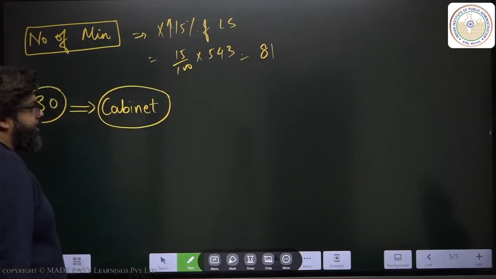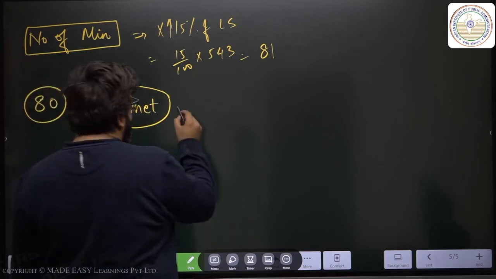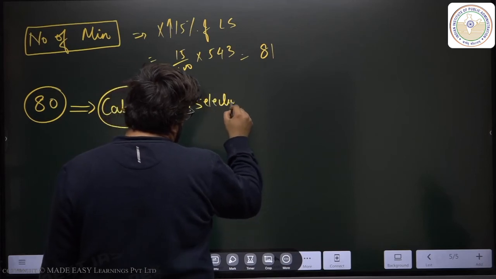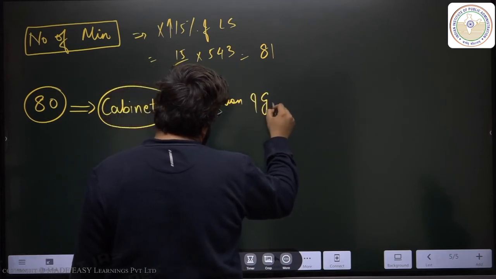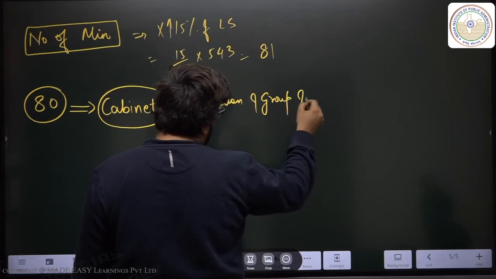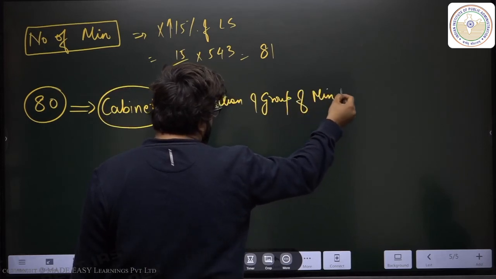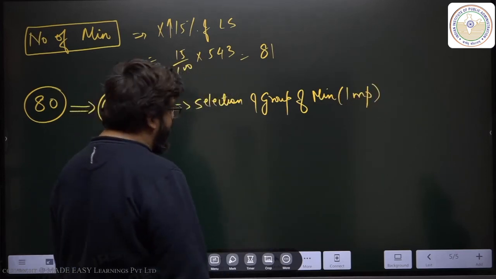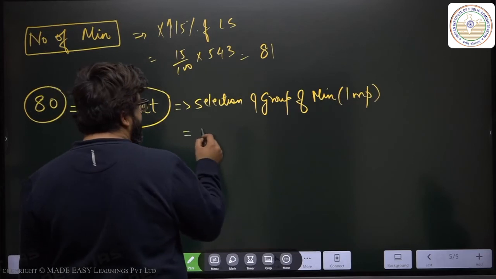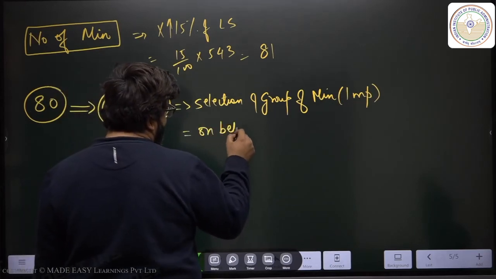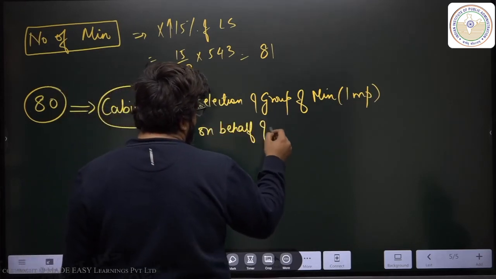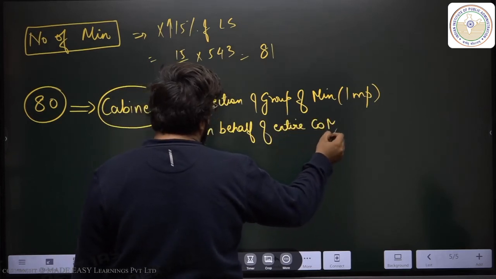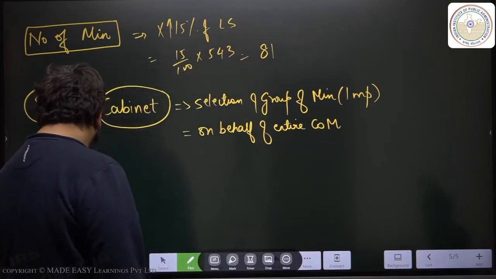So cabinet is nothing but a selection or a group of important ministers. Every government decides who's going to be a cabinet minister and who's not, and they take decisions on behalf of the entire council of ministers. This is true for the center and this is also true for the states.